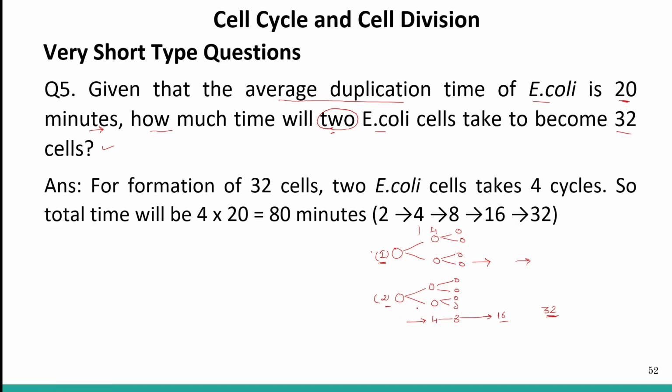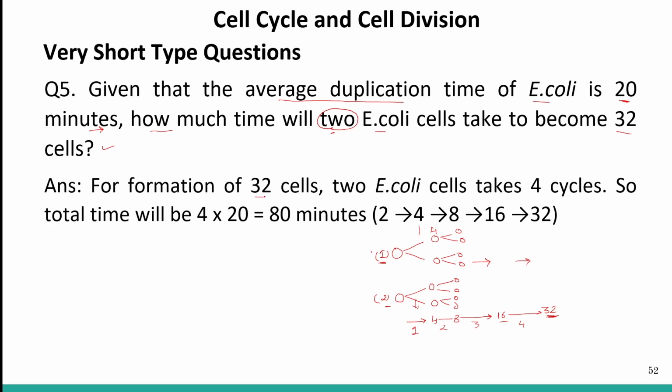This is the first cycle, where after the first cycle 4 cells are formed. After the second cycle 8 cells are formed. And then after the third cycle, 16 cells are formed. And finally, after the fourth cycle, 32 cells are formed.